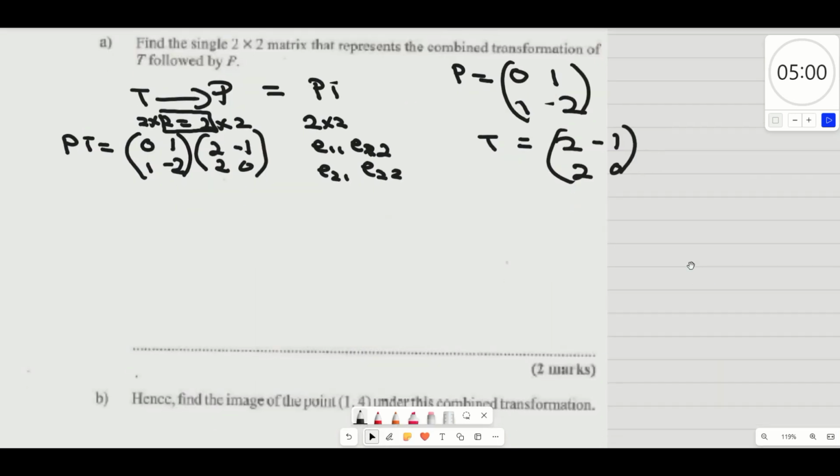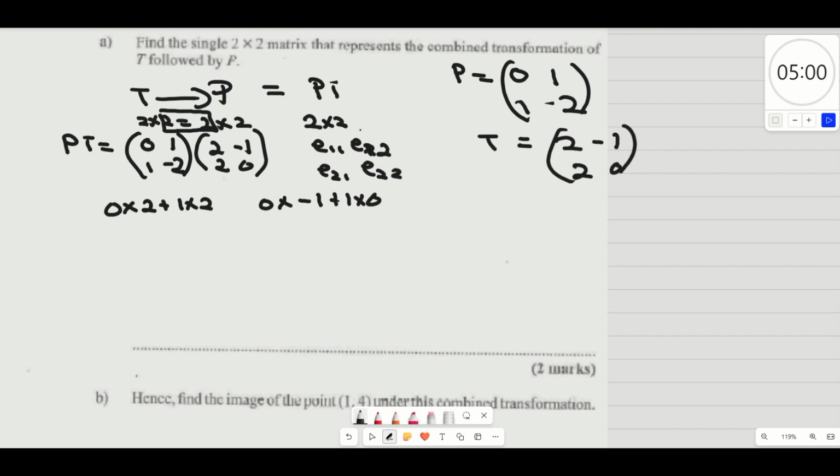If you're not accustomed to doing multiplication, then you'll have to do it like this. The first one is the first row by the first column. So it's 0 multiplied by 2 plus 1 multiplied by 2. That's E11. Then E12 is your first row by your second column. So it's 0 multiplied by minus 1 plus 1 multiplied by 0.